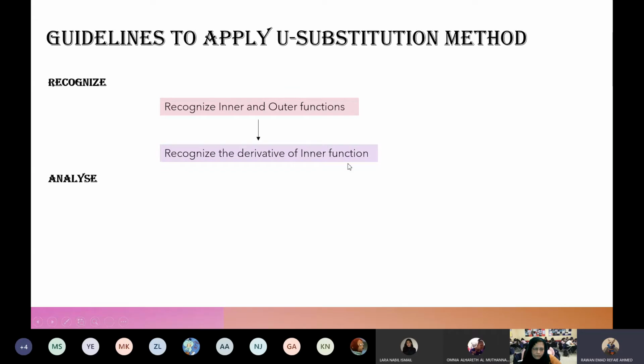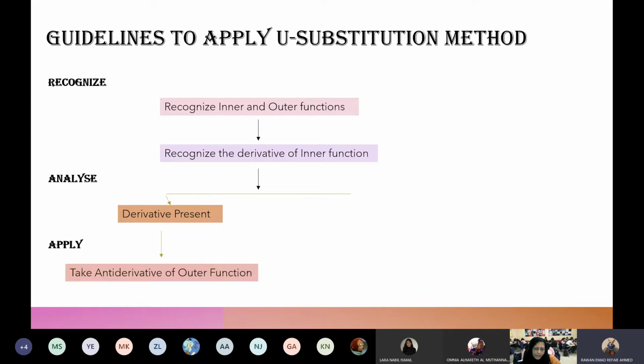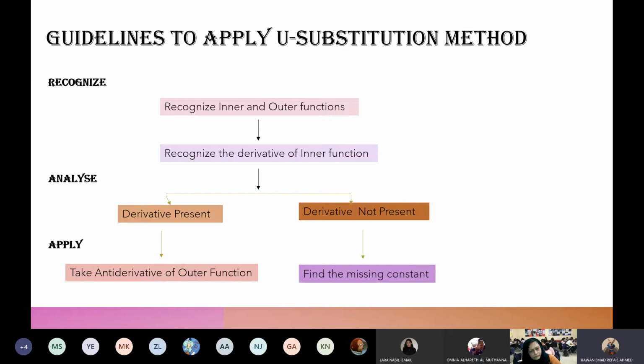Then we check if the derivative is present. If it's present, we take the antiderivative of the outer function and we have our final answer. But if the derivative is not present, we have to find the missing constant and then take the antiderivative of the outer function. So this is what you do to apply the U substitution method.